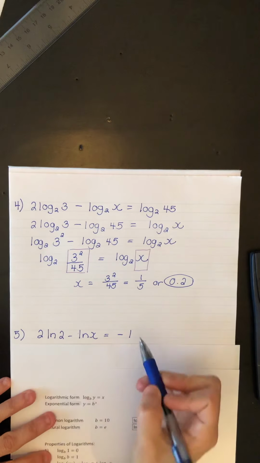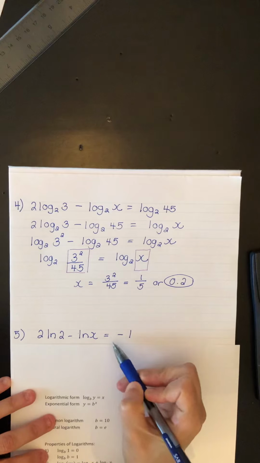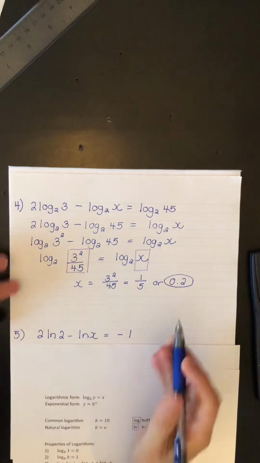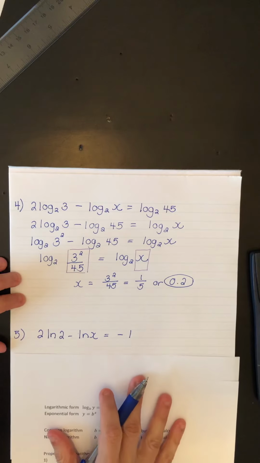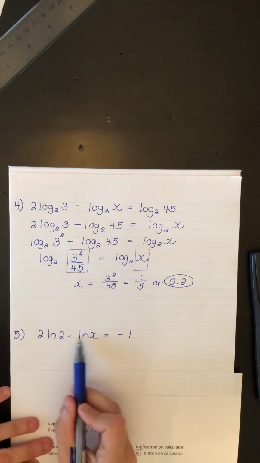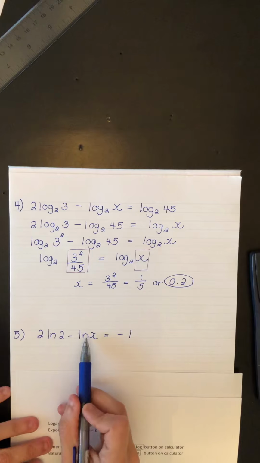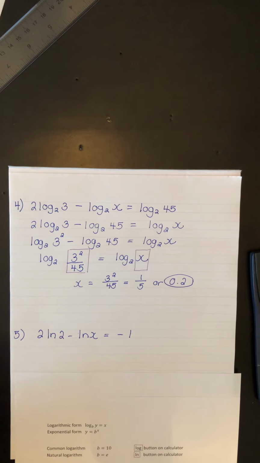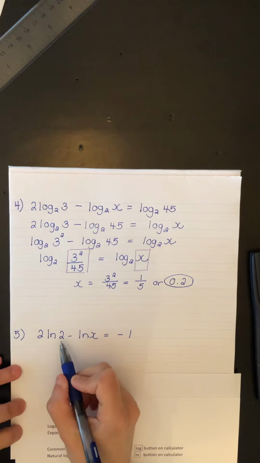Example 5, we do not have a logarithm on this side here, so pay attention to that. So I think that what we'll do is just combine the logarithms here. But remember, you have to combine by using property 5 first.